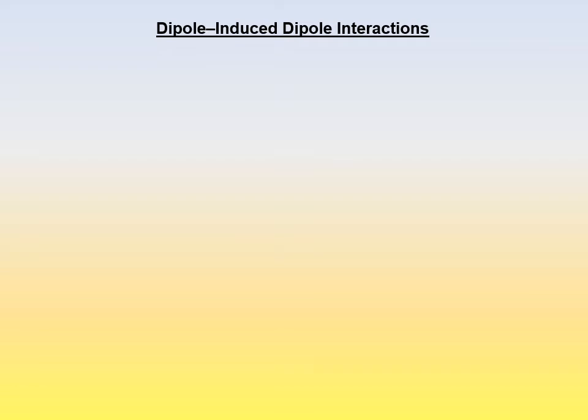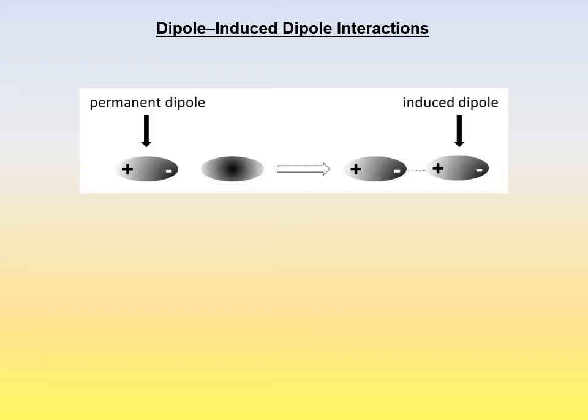And then when polar and non-polar molecules are mixed, dipole-induced dipole interaction occurs. Simply, permanent dipole of polar molecule induces dipole in non-polar molecule, and then the permanent dipole and induced dipole are attracted to each other and are held together, at least briefly, through intermolecular interactions, and those are dipole-induced dipole interactions.